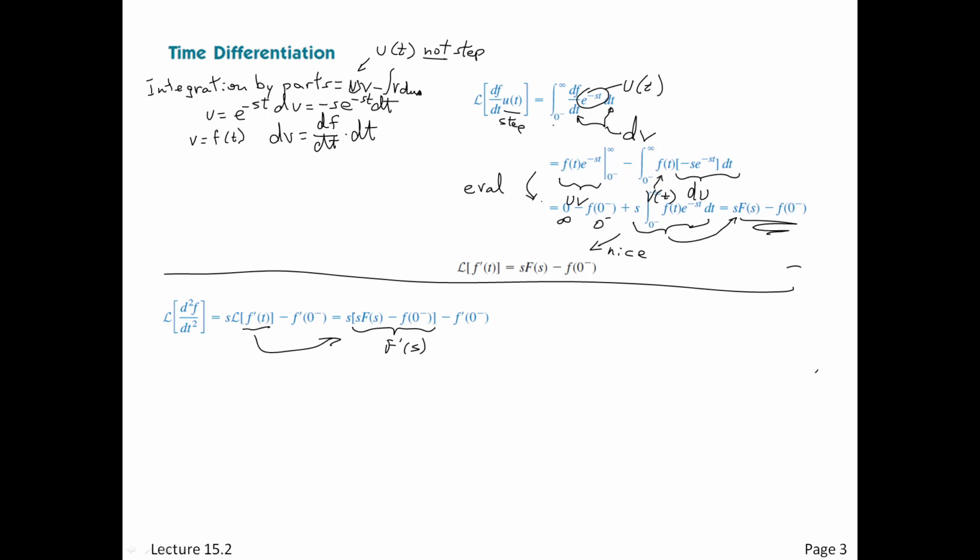Oh, but now we've got a formula for that. So we can take s times our first derivative here, this whole thing, plugs right down into there. Take it times s and subtract the evaluation of the first derivative at 0 minus.